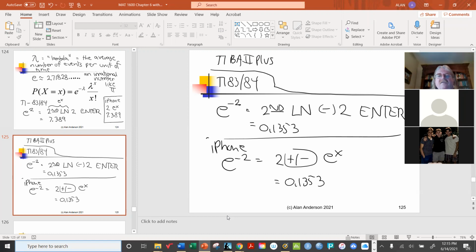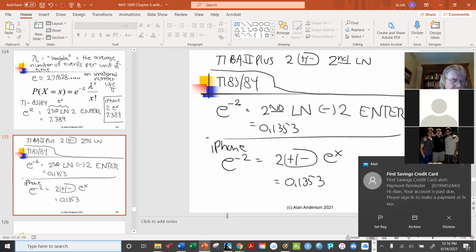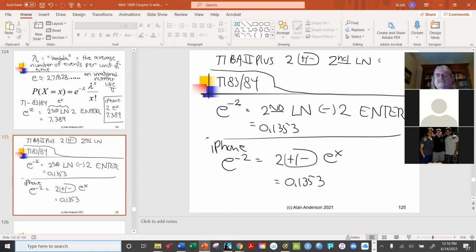It's more similar to the iPhone: 2, plus-minus, second, log, and there you go. Okay, it's the same any way you look at it.